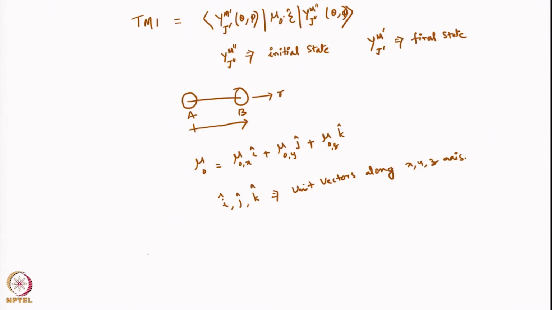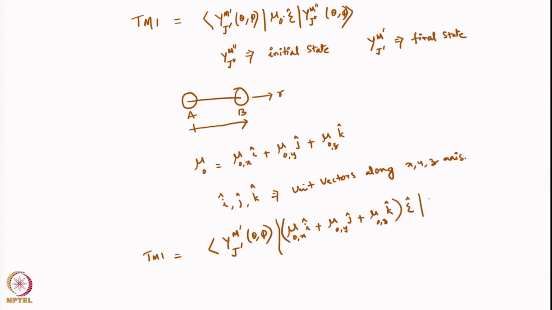Okay. Now, your TMI will now become Y_JM(theta, phi), (mu naught x i plus mu naught y j plus mu naught z k) along the electric field vector, Y_J''M''(theta, phi).